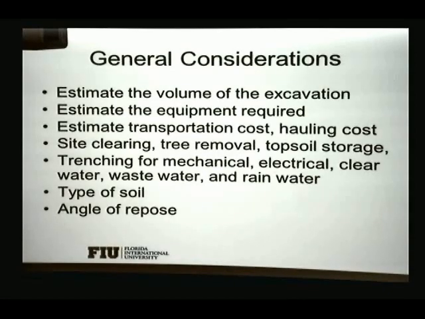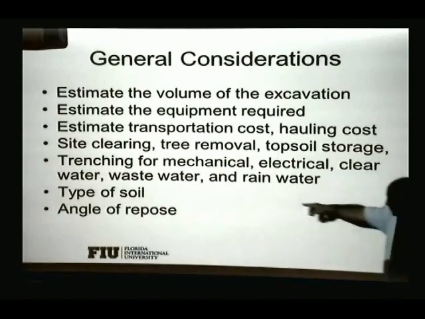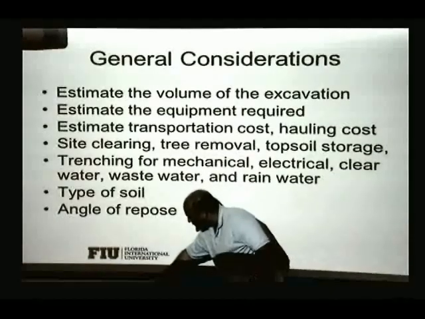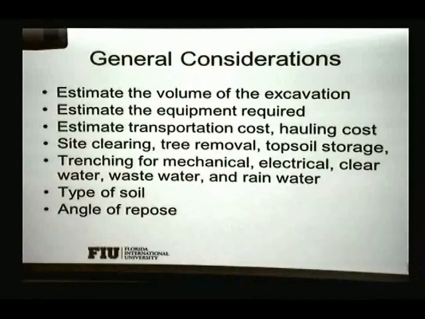Trenching for the different utilities. Analyze different types of soils, which may require different techniques in the shoring. Sometimes you can do what's called the angle of repose. You can cut the soil at a certain angle, right, to prevent these walls from collapsing inside.